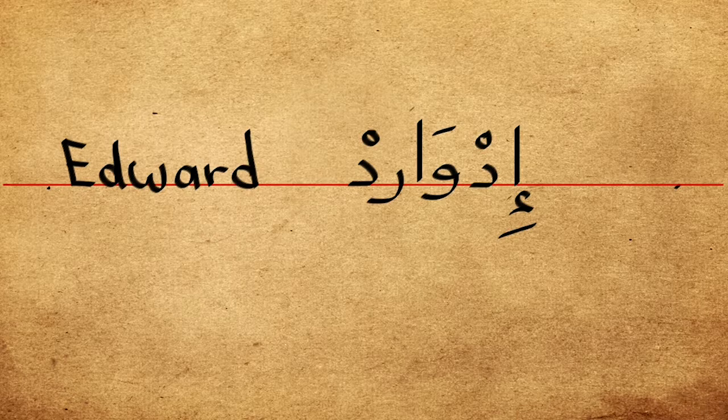Okay, here's the letter Aleph, and here's the Hamza beneath it. The Dal, Waw, Aleph, Ra, Dal. Edward. And the next one is Max.